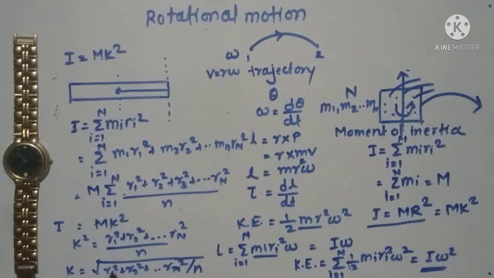So mathematically, the root mean square of the positions of the particles of the rigid body is nothing but the radius of gyration.